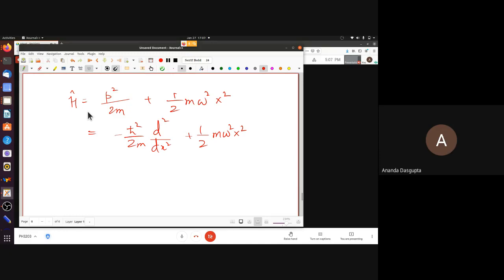Of course, that will depend on the parameter that I have used to label this class of wave functions. So now you have a function of maybe more than one parameter.